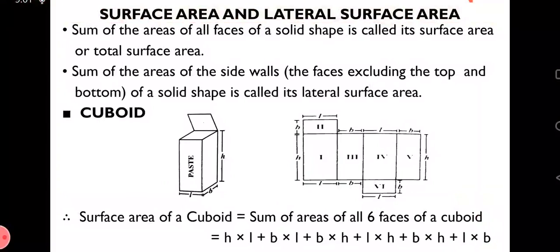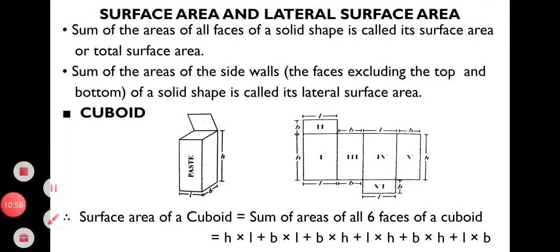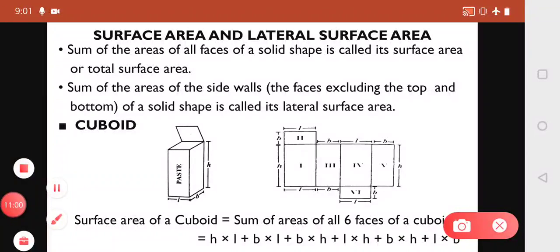For the second rectangle we have breadth into length. For the third rectangle, this is breadth and this is height, so we get breadth into height.